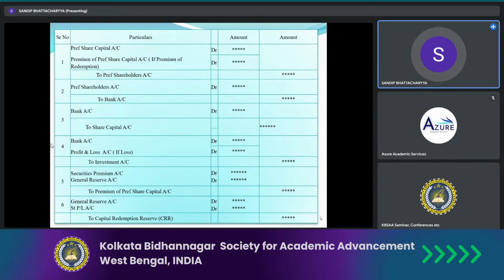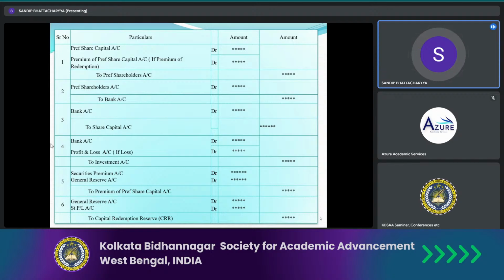And journal entry number 6 is the creation of CRR, that is capital redemption reserve, at the face value of the preference share capital. That means free reserve account debit, as we have already stated, the free reserves being general reserve as well as the statement of PL. So general reserve account debit, statement of PL account debit, to capital redemption reserve.